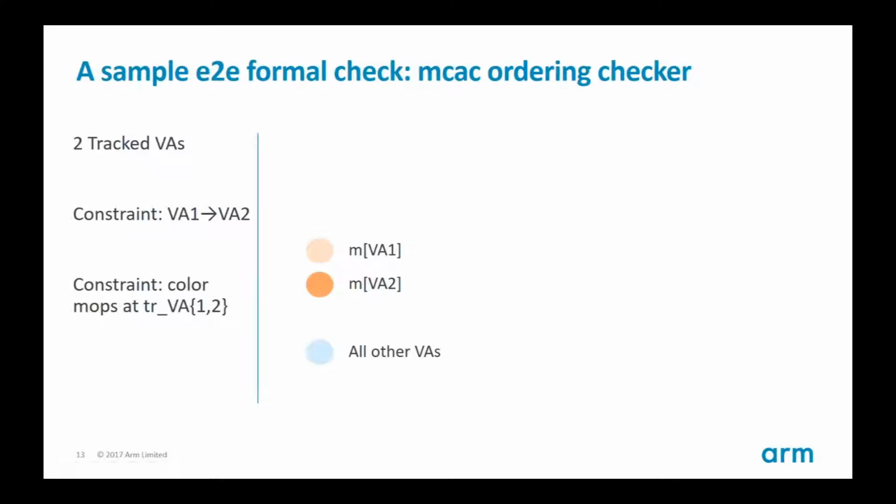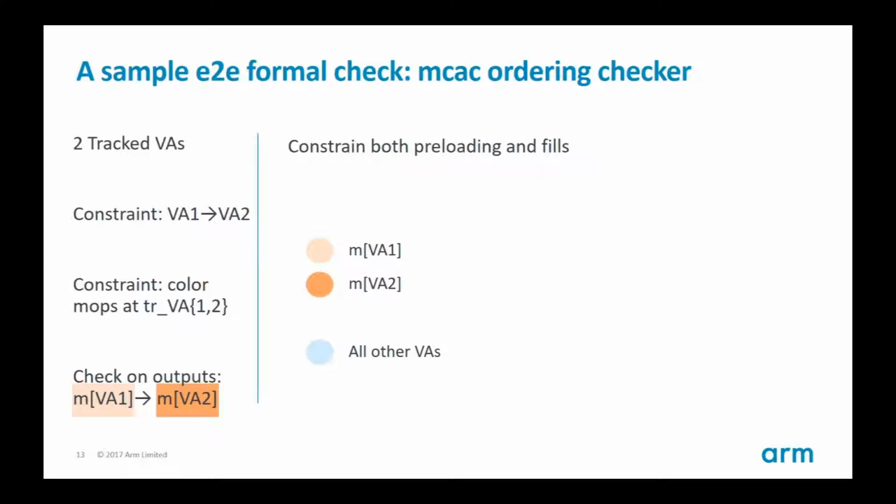And for every other address in the mop cache, you fill it with or preload it with a third mop, which is the same across all the remaining addresses. And then this constraint is added for both your preloading or reset abstractions and also for your mop cache fills as coming from the decode unit. Then your checker simply becomes that whenever you see the first colored mop being delivered to instruction decode, then that must be followed by your second colored mop.